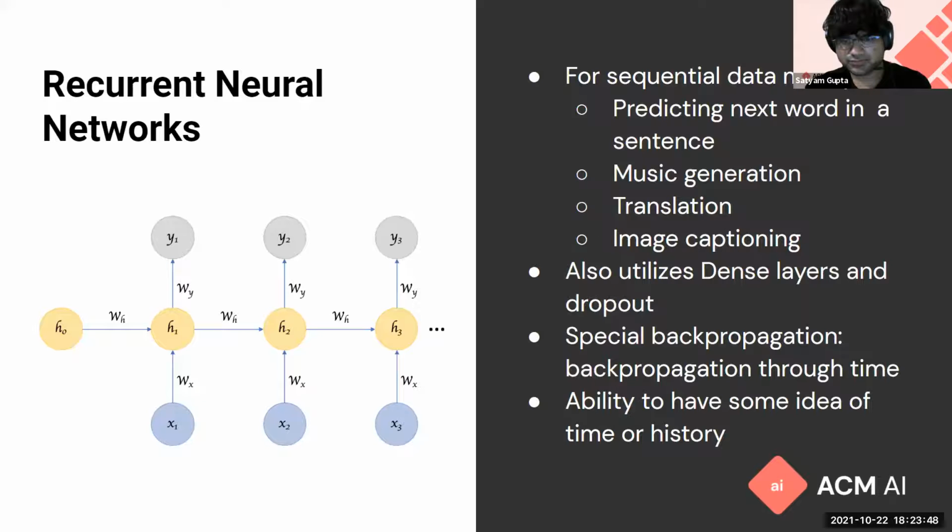All right. Till now, with fully connected layers, so dense layers, we talked about dense layers, dropout, pooling, average pooling, max pooling, global pooling, and convolution layers. Till now, there's been no concept of time.